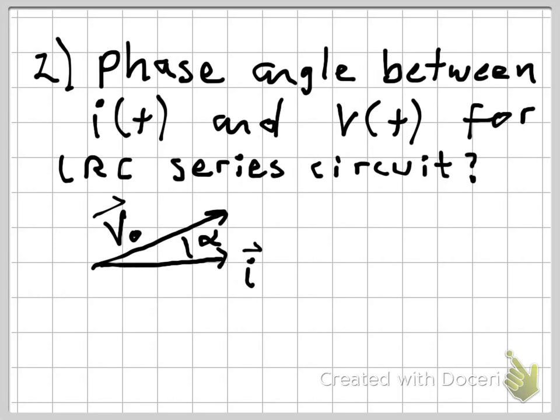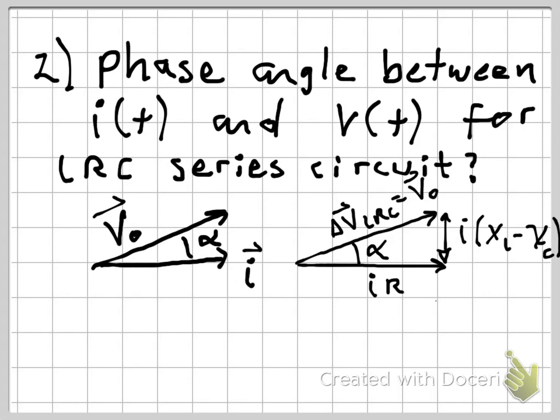There's going to be an angle between them, and that's the angle that we're looking to calculate here. Now that angle is the same as the angle in this phasor diagram, where we have the voltage in the resistor on the horizontal axis, and the voltage of the inductor minus the voltage of the capacitor as the vertical component of the total voltage in the LRC circuit.